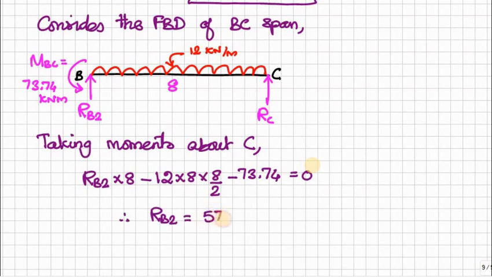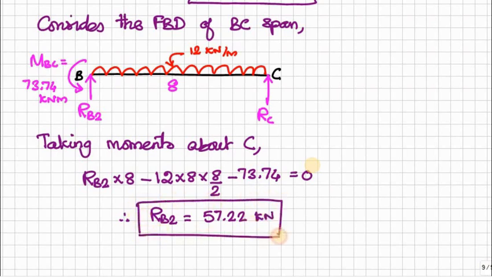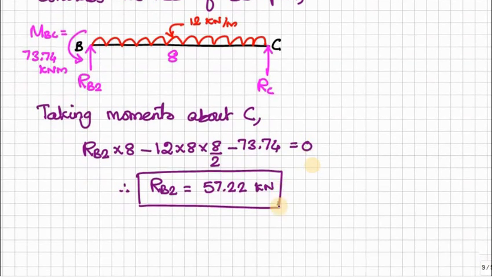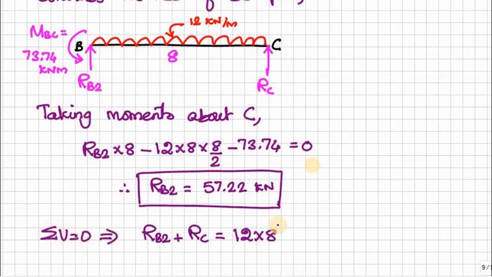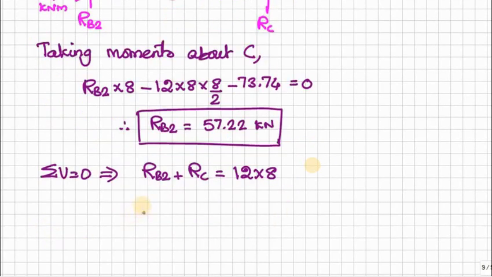Therefore, we get RB2 value as 57.22 kilonewton. Again, considering the sigma V is equal to 0 condition, we can easily find out the RC value. So RC is equal to 38.78 kilonewton.